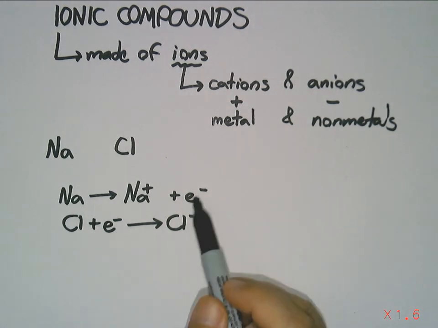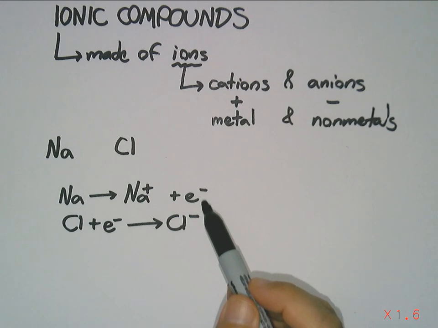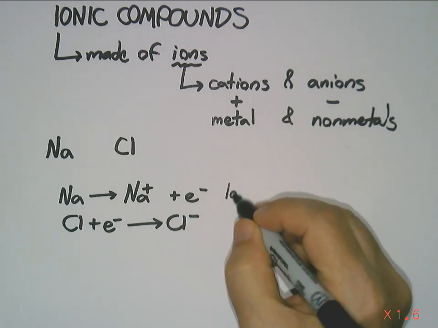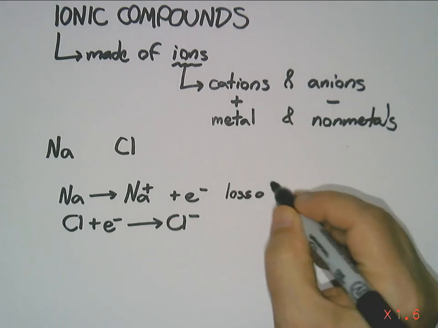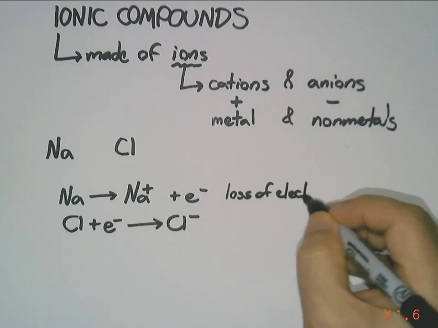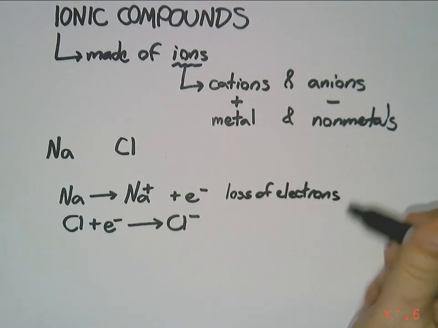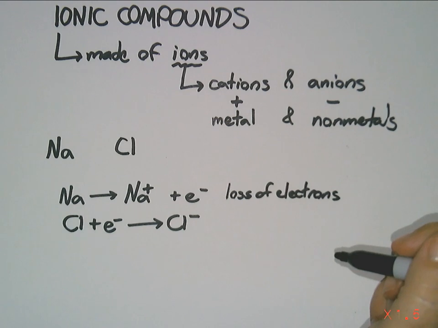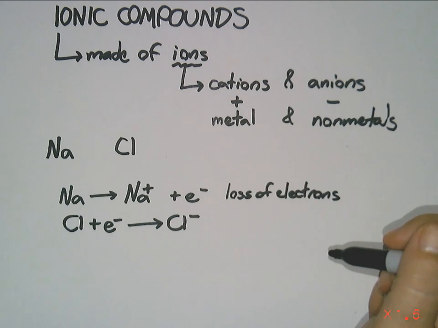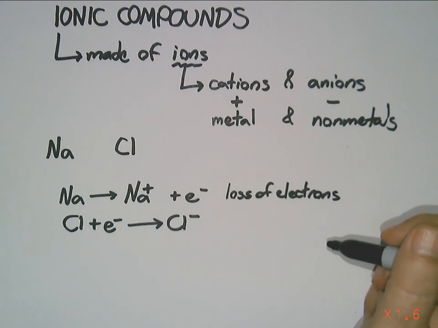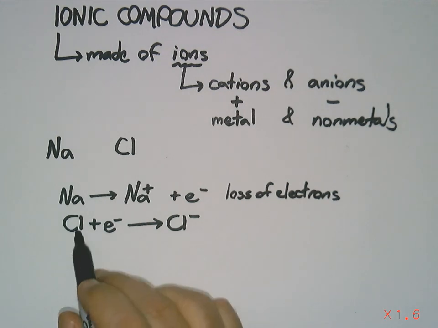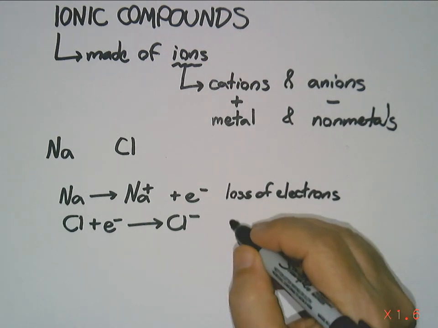So in the first process, you've got a loss of electrons. That usually happens to a metal. Metals lose electrons in reactions like this. And you've got a nonmetal that is gaining electrons.